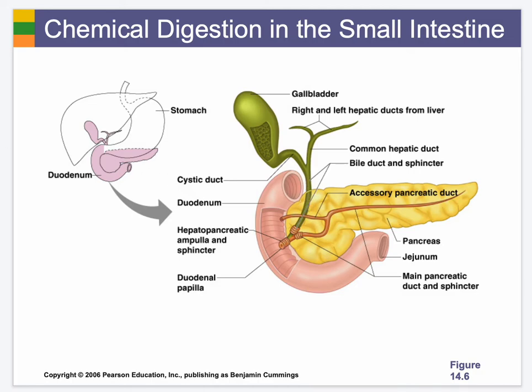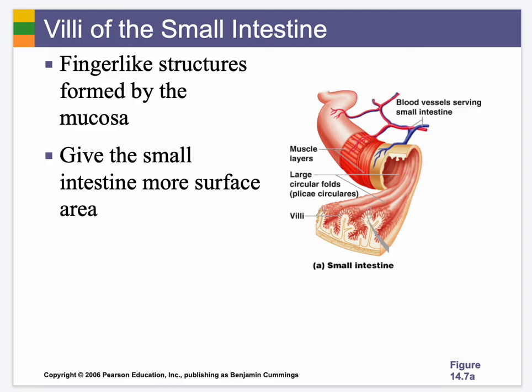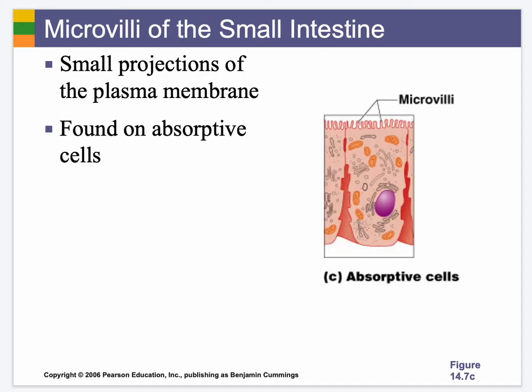So, in your small intestine, there are finger-like structures formed by the mucosa. So, it gives the small intestine more surface area. So, we also have in your small intestines microvilli. Now, these are small projections of your plasma membrane. They are found on absorptive cells.